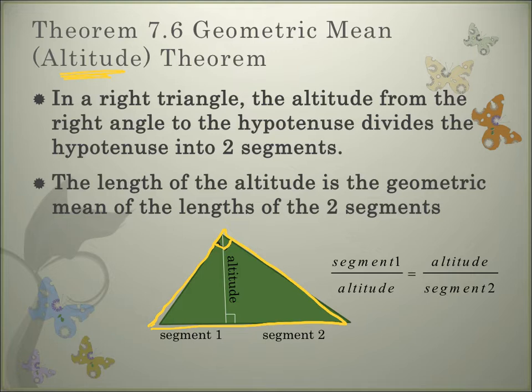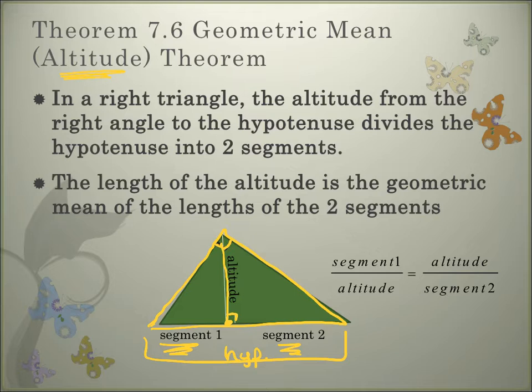So again, when we draw down the altitude, remember it splits it into three different triangles here. Now, the altitude again is touching the hypotenuse. Where it hits, it splits this hypotenuse into two segments. I've got segment 1 and segment 2.